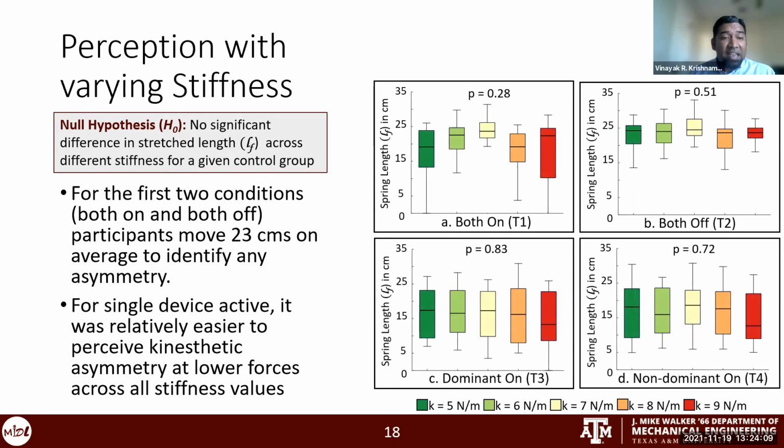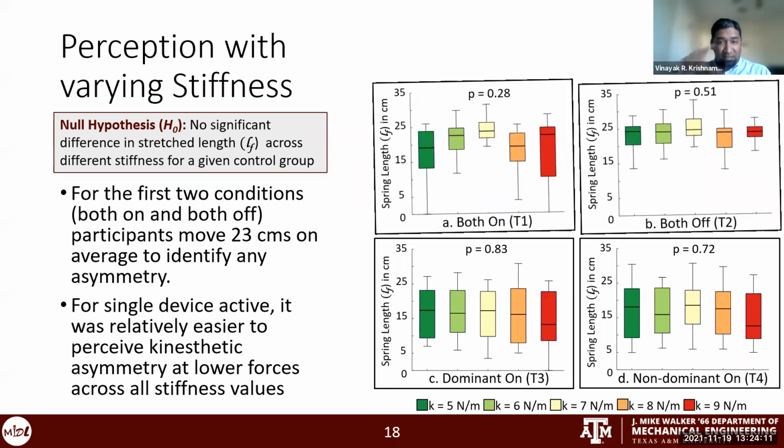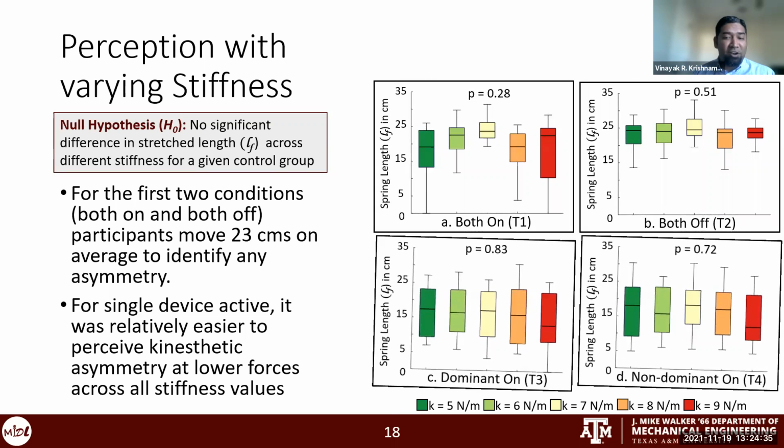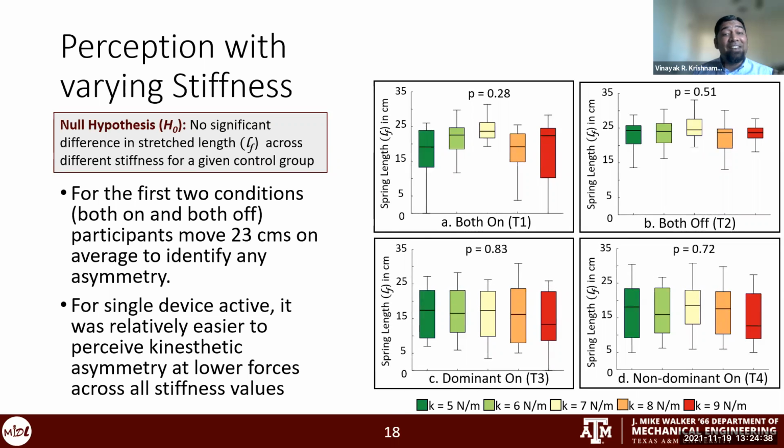In this case, you will see that for the first two conditions, that is the top row, columns 1 and 2, both on and both off, participants roughly move the entire length of the visual cue that we gave, roughly 23 centimeters on average, to identify any asymmetry. But when a single device is active, that is dominant off and dominant on, it is relatively easier to perceive the asymmetry at lower forces across all stiffness values.